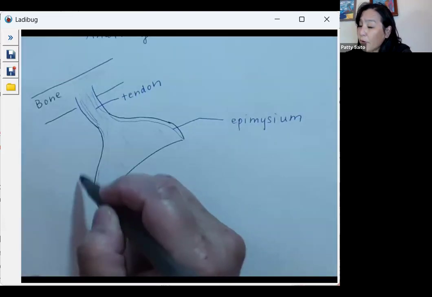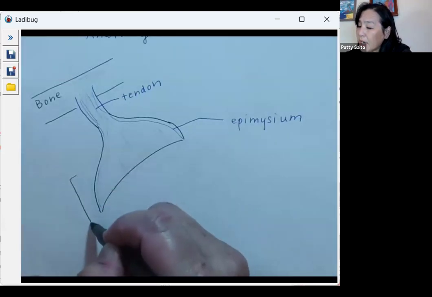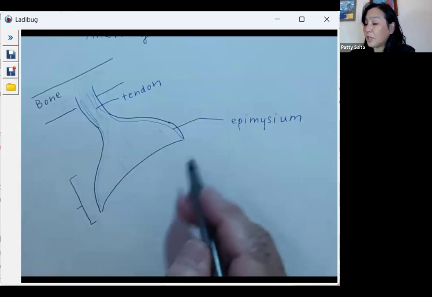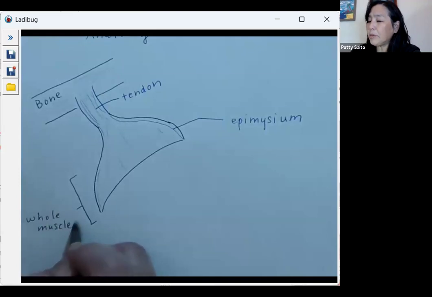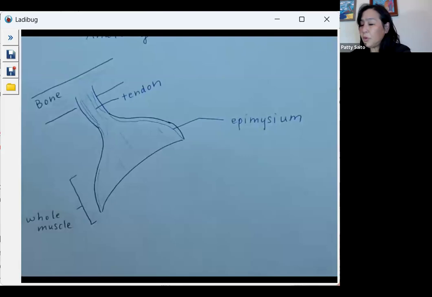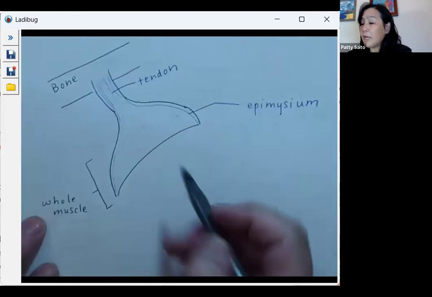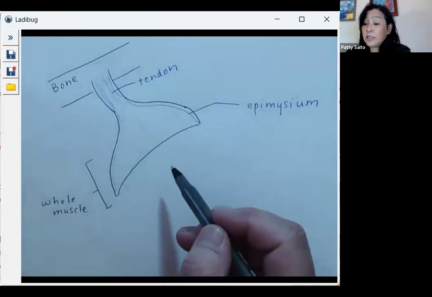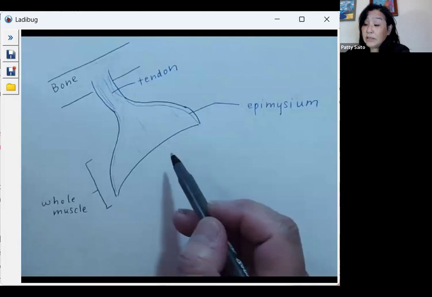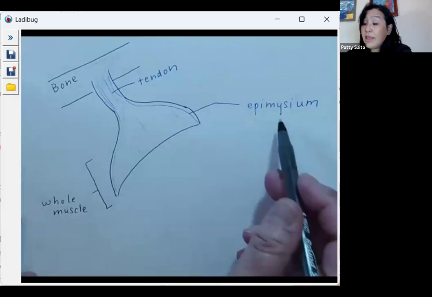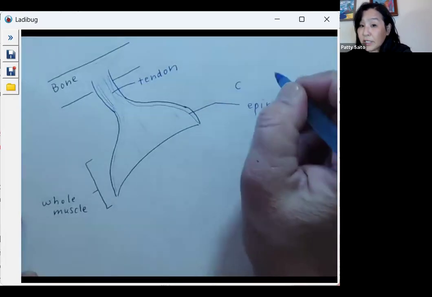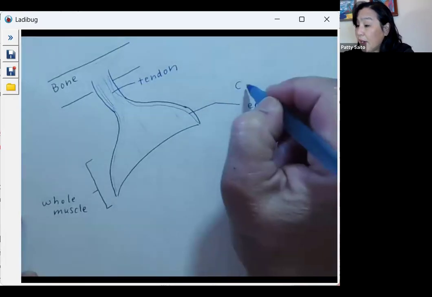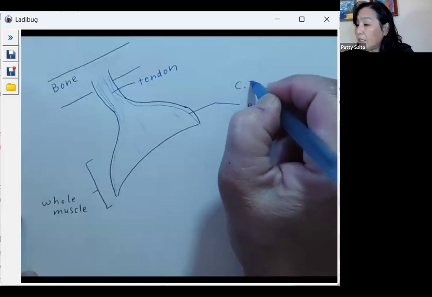And this whole structure is what I call the whole muscle. Over here on this side, I'm going to label the structure. This is the whole muscle. I want you to be able to distinguish between the two. On this side, we're talking about the structure of the muscle, the whole muscle. This side is the connective tissue covering that covers these structures.